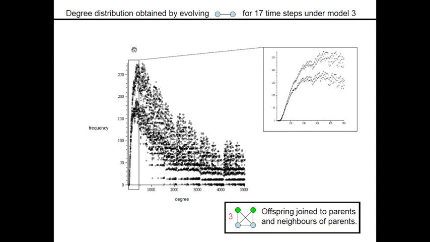But the curve itself seems to have a remarkably complex form, and it doesn't really look like a sort of one-dimensional object. In particular, it looks like if you change the degree that you're interested in by just 1, then the number of vertices with that degree may vary dramatically. There might be a lot fewer vertices with degree d plus 1 than the number of vertices with degree d.